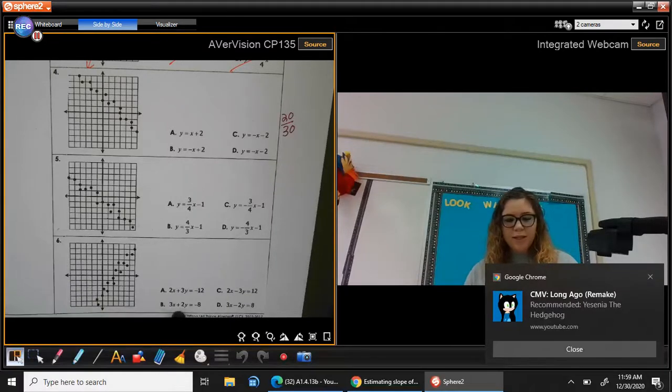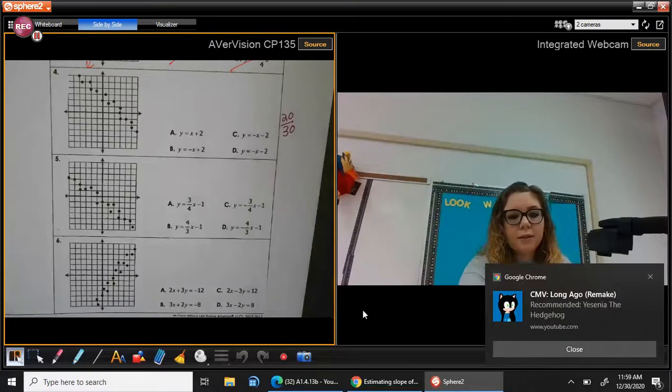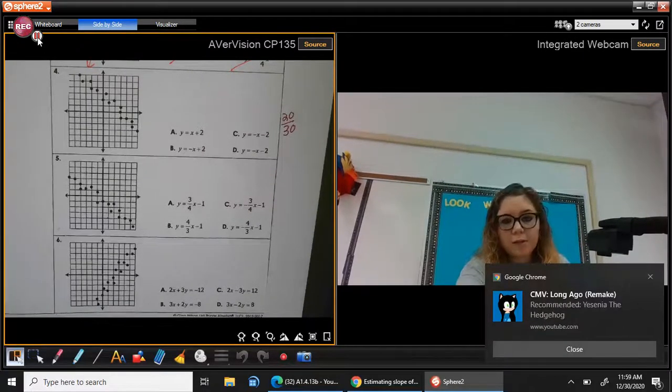Okay, if you notice, this is not in slope-intercept form, it is in standard form. So to be able to do this one, you're going to need to convert each one of these to slope-intercept form and see, and then graph them and then see which one's the best. Okay. So let me know if you have any questions. Pause the video and then come back for the answers.